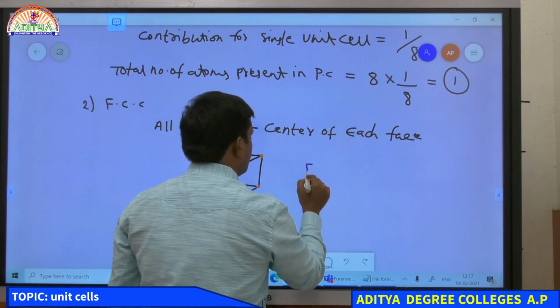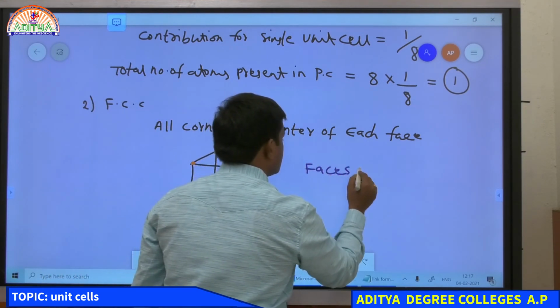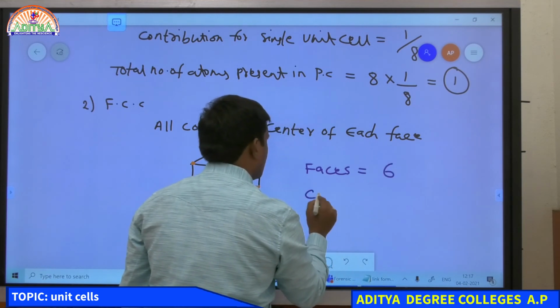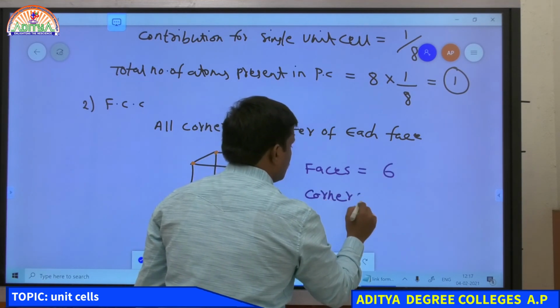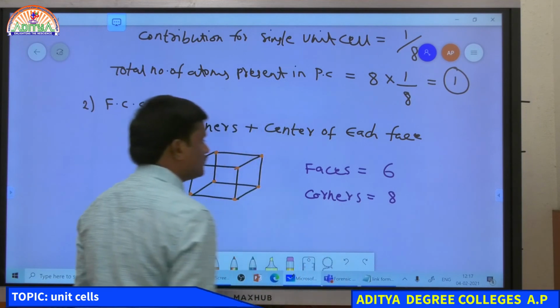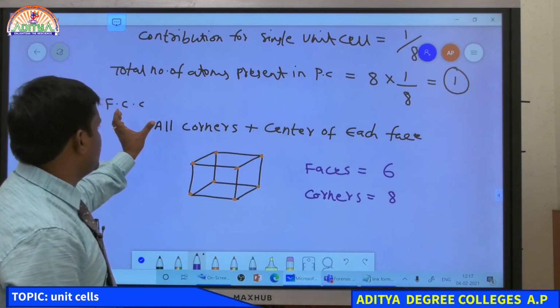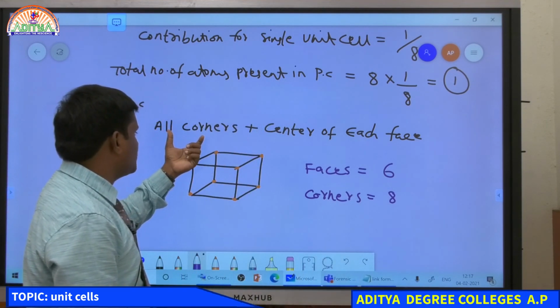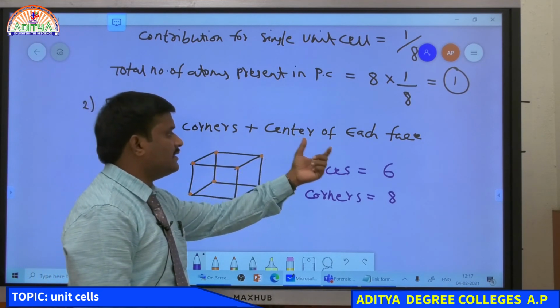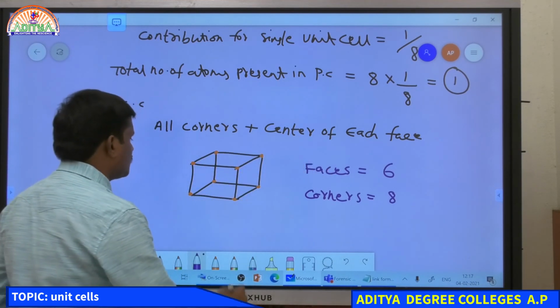There are 6 faces, and 8 corners. Therefore, in the case of the face-centered cubic unit cell, the points are arranged at all corners as well as the center of each face.